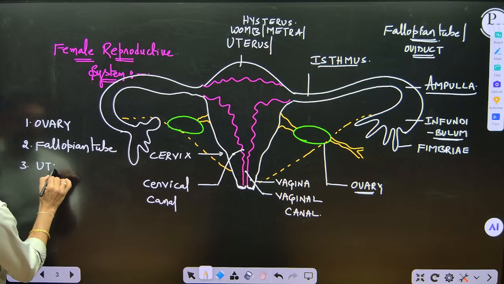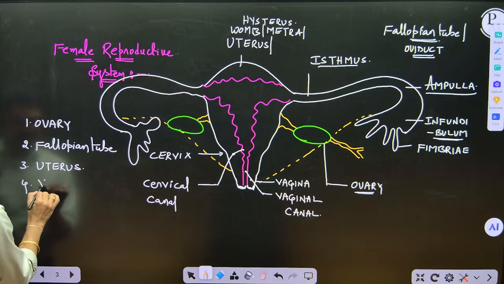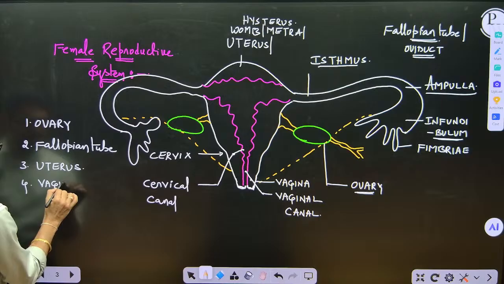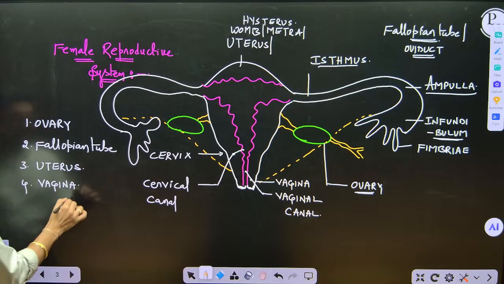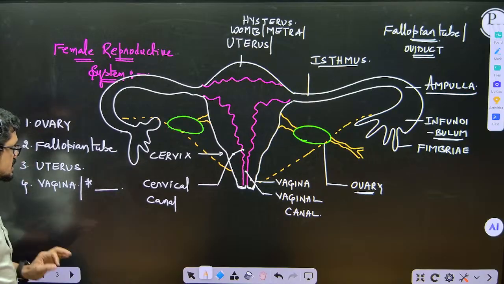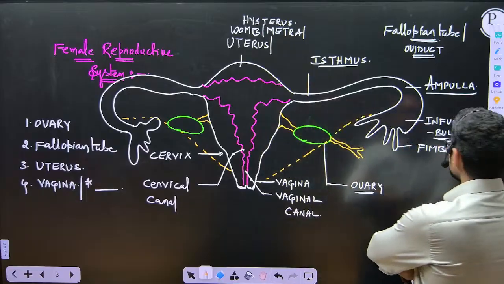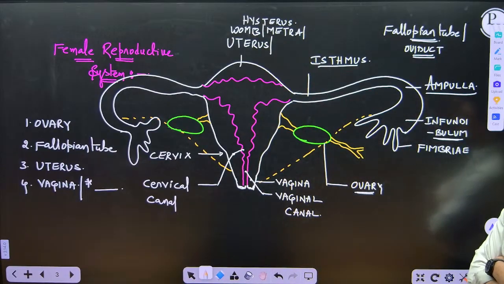Number three, the uterus. Number four, the vagina. Or I will put one star and blank. What is this blank? I will explain. Don't worry.